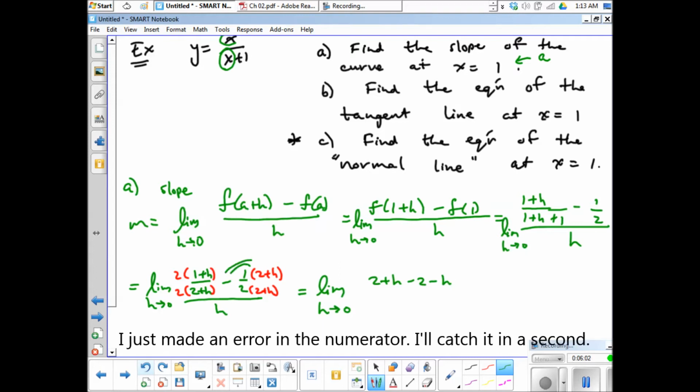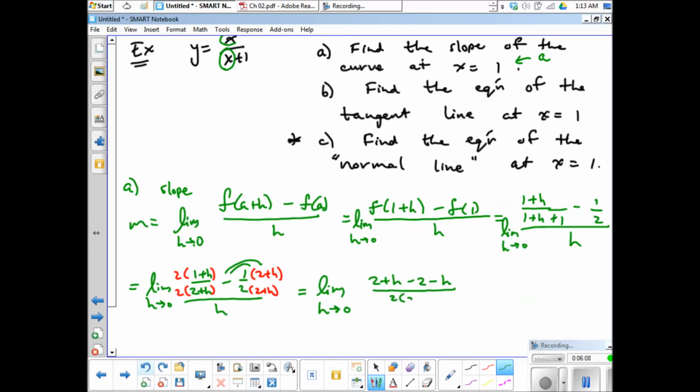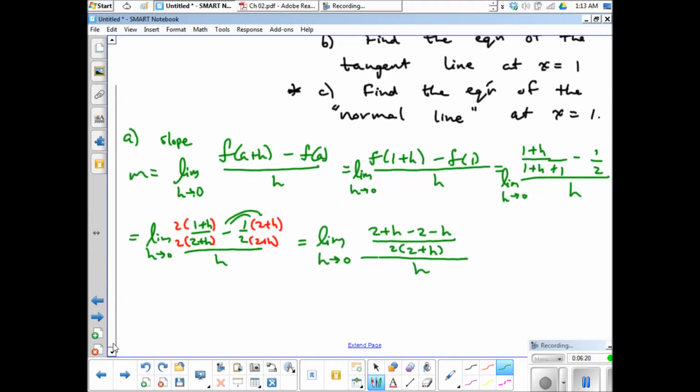I'm distributing there. All over 2 times 2 plus h all over h. And if you remember Ms. Chen's little rule about ID on, we can basically just bring this h up to here. Just make it look a little bit simpler.